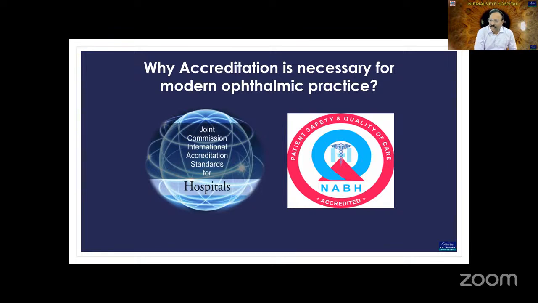So it was a doctors' peer group standardizing and helping their peers to implement quality standards. Over a period of time, this structure evolved, and now in the US and in the international arena, this is one of the topmost accrediting agencies, Joint Commission International, or shortly known as JCI.